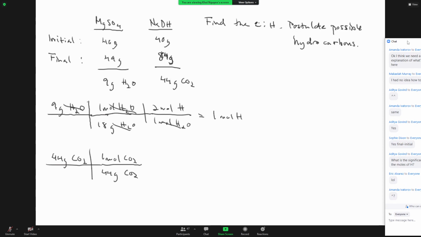So what's the significance of the moles of hydrogen? Because that's how we're going to determine the empirical formula. You're going to have 1 mole of hydrogen, and then we're going to figure out how many moles of carbon we end up getting. For every 1 mole of carbon dioxide, it produces 1 mole of carbon.